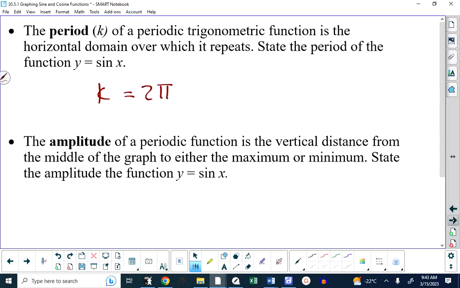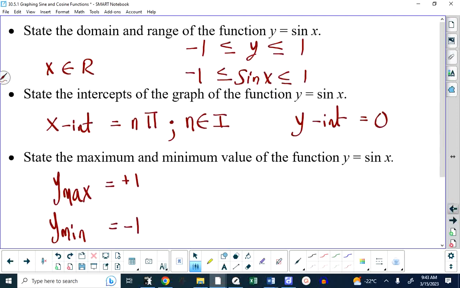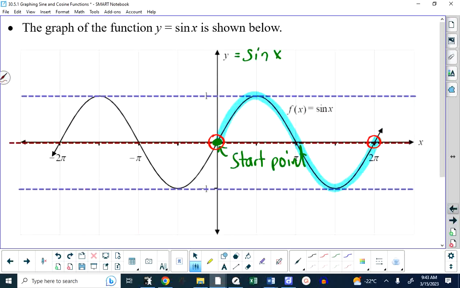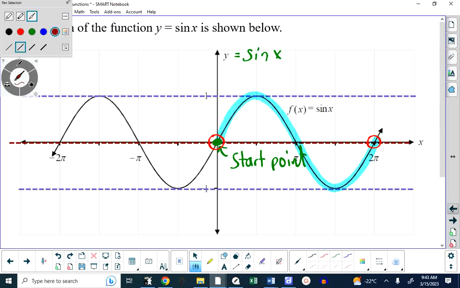But I would like to impress on you the following, that the period, a full cycle of the graph, is really four pieces. 1, 2, 3, 4.